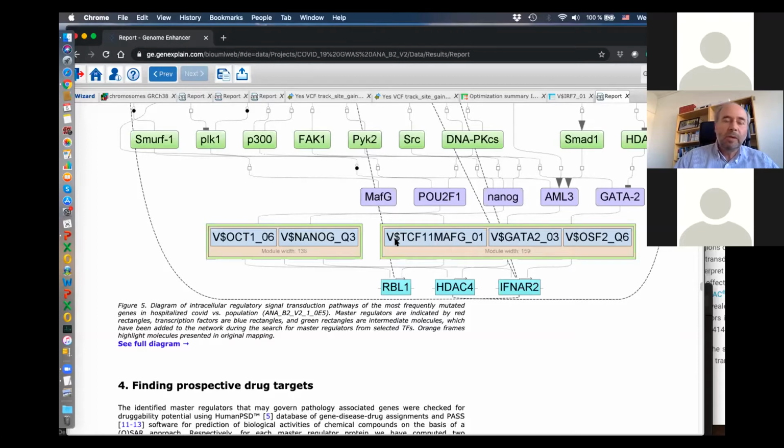To go into more detail, we have to switch to a more focused type of work. So here we use the Genome Enhancer view on our platform. Here we switch to the full platform view.